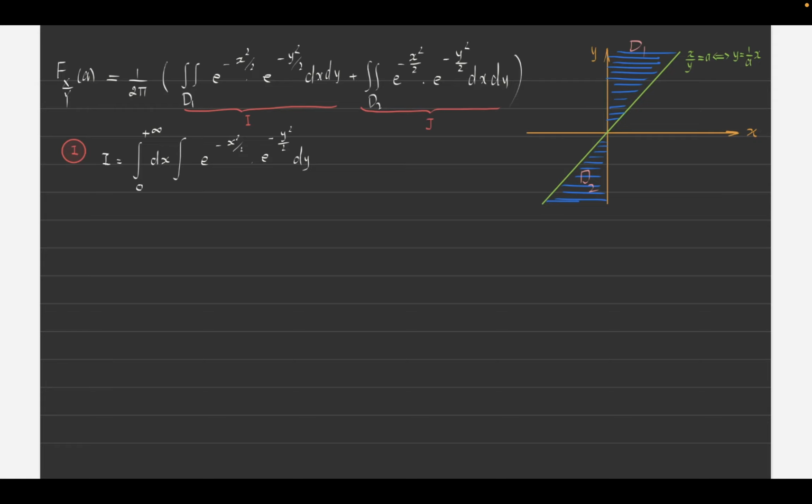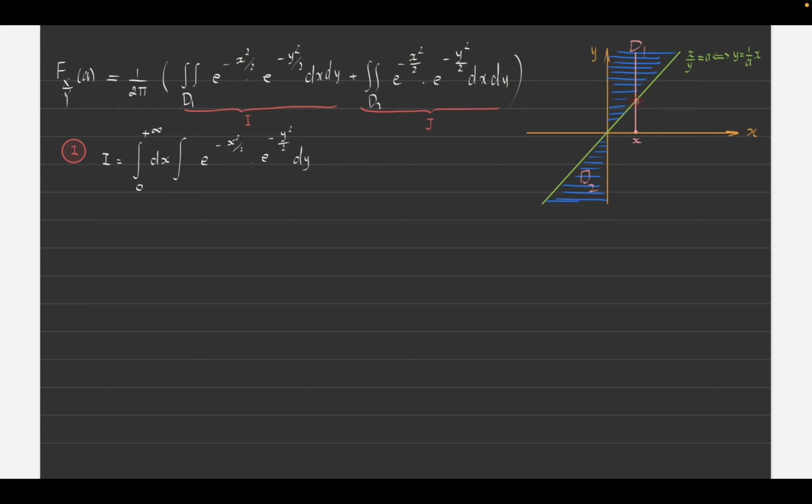But now I have to find the limits for y. Here you have to be a little bit careful. Choose one of those x's, for example, because we learned that x goes from 0 to infinity. Let us assume that this is one of those x's. Then I have to find the cross section of this vertical line with my domain. For this particular x, the lowest possible value of y is here.